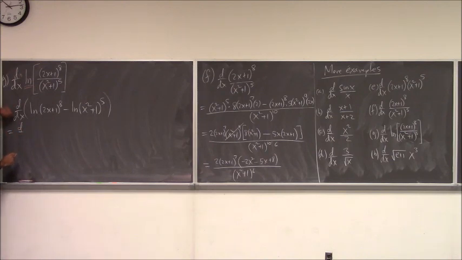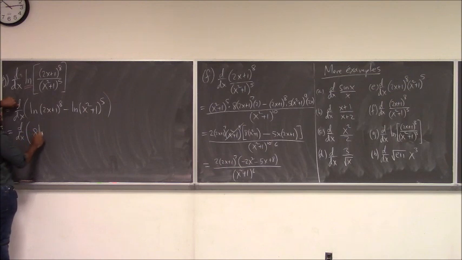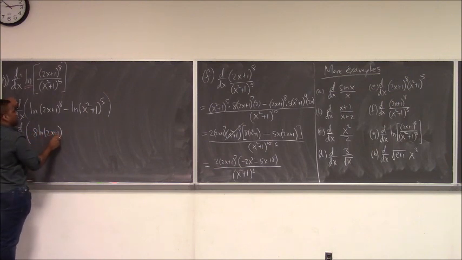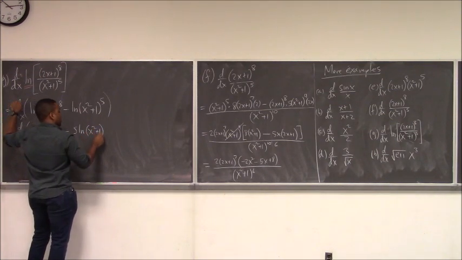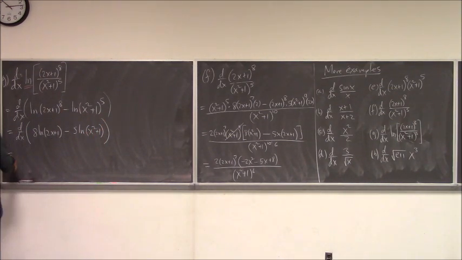Notice I'm not taking derivatives yet. I'm simply using the algebraic properties of the logarithm to simplify it a little bit first. So what I have now is 8 ln of 2x plus 1 minus 5 ln of x squared plus 1. Now we can take derivatives of that with minimal difficulty.